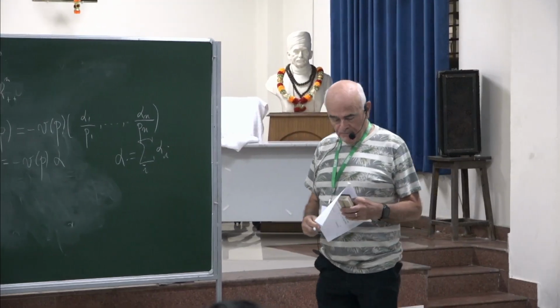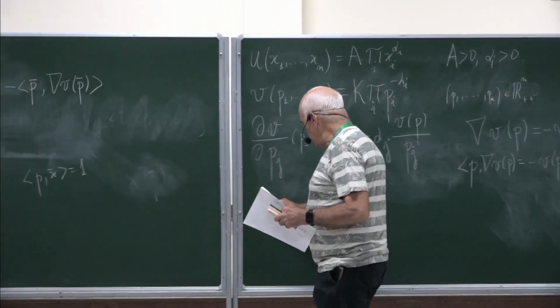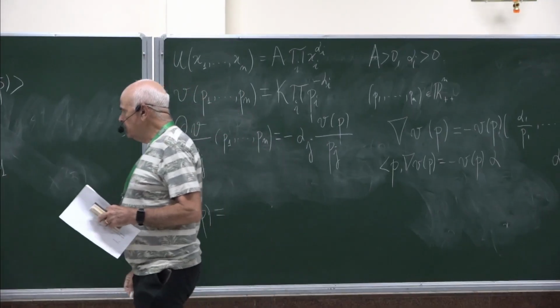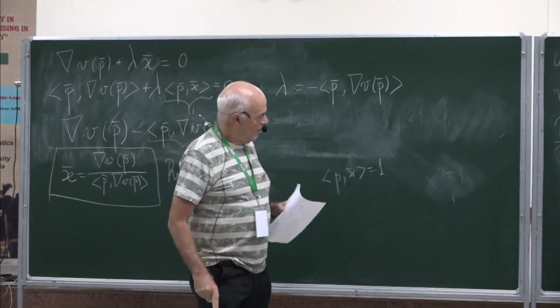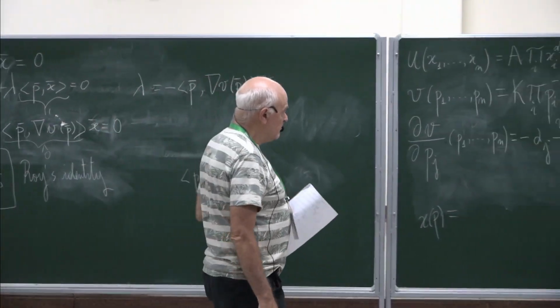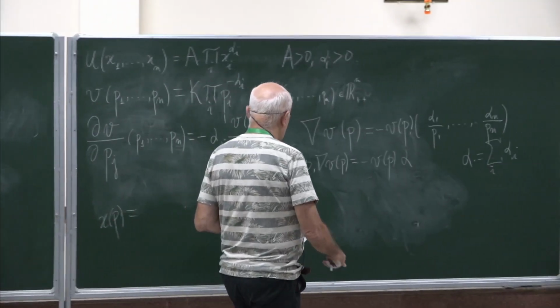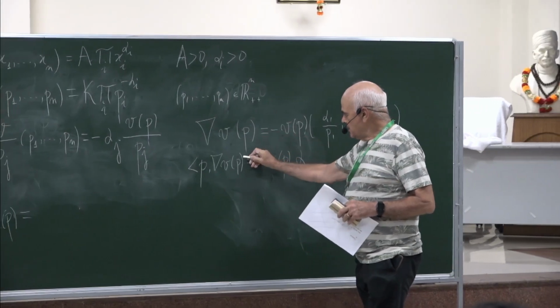Okay? Then this means that the demand at p is unique according to Roy's identity and is given by this vector divided by this number, this normalized vector.